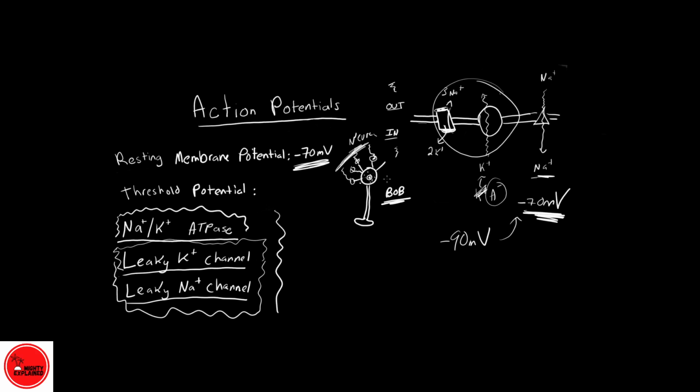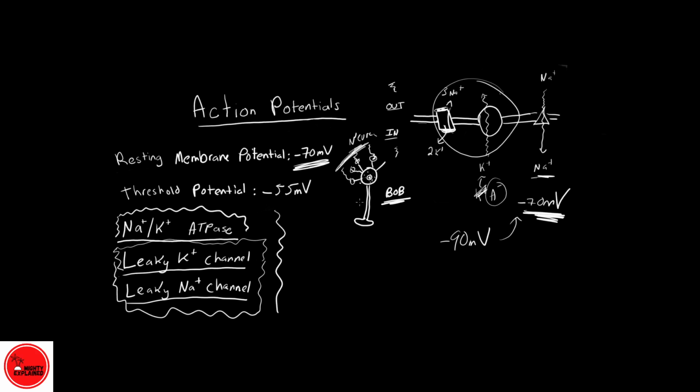It's going to go to negative 69 millivolts, and then negative 68, negative 67, negative 65, and so on until it reaches a magic number where your homie Bob has enough stimulation from other neurons to fire his own action potential, and that magic number is negative 55 millivolts.